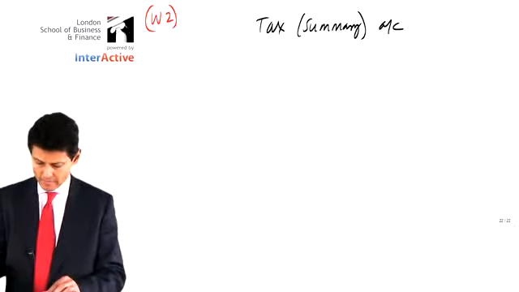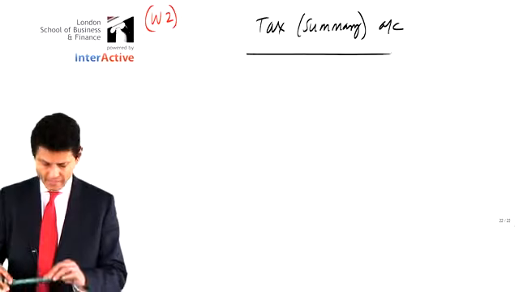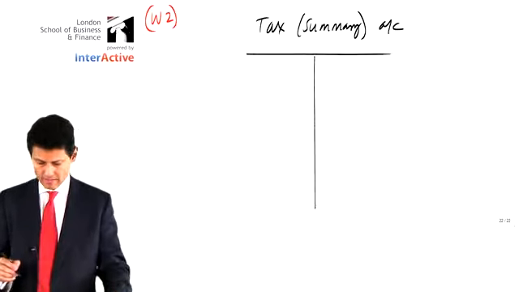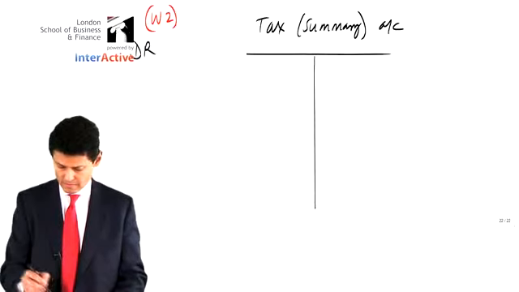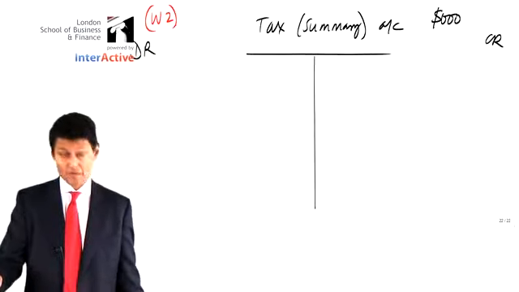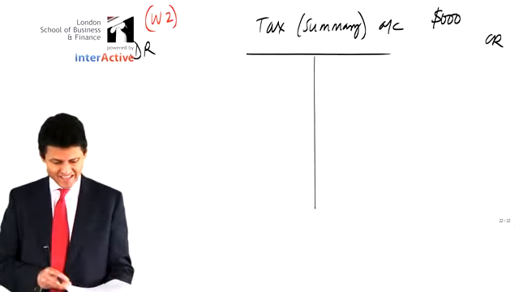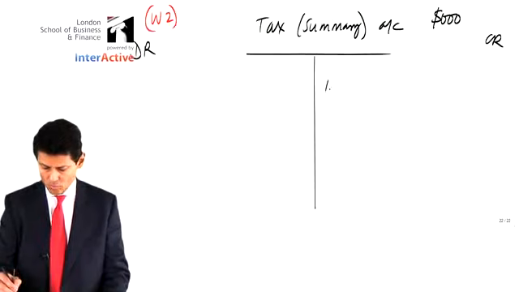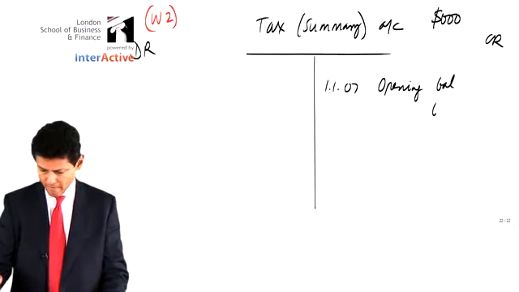So here we are, a little T account. Make that a good 6-8 lines long in case there's something there. Debit, credit. The figures are quite small as it happens, especially if you knock out the zeros, the thousands. The opening on 1/1/07, opening balance brought down is 1.